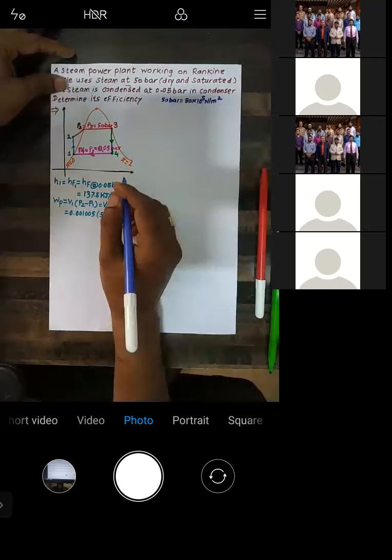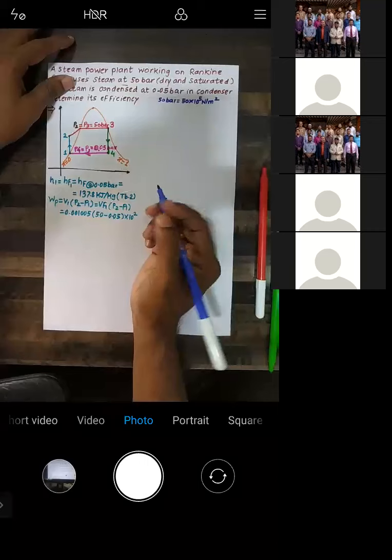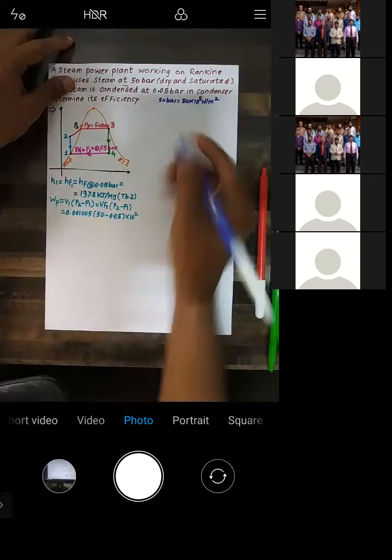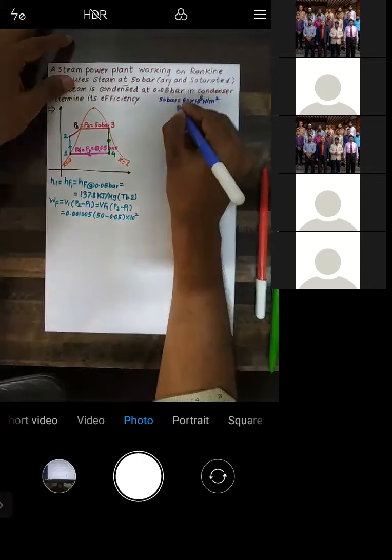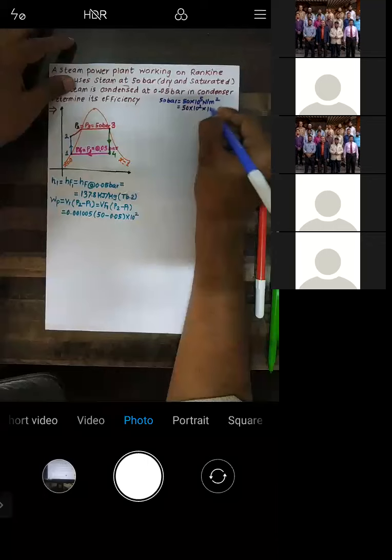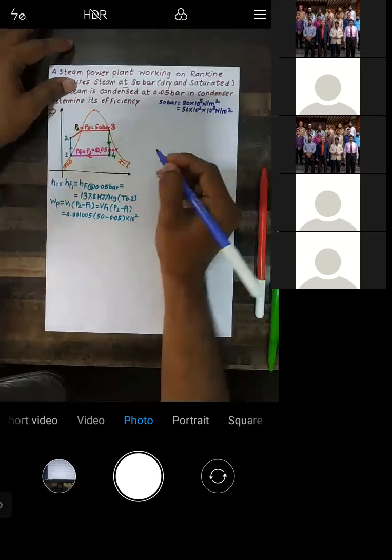That means you can write it as 50 into 10 raised to power 2 into 10 raised to power 3 Newton per meter square.